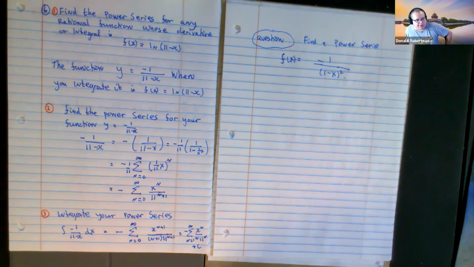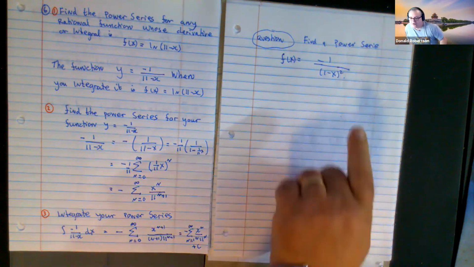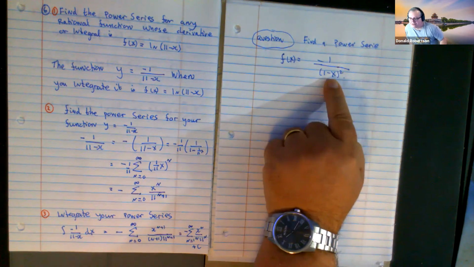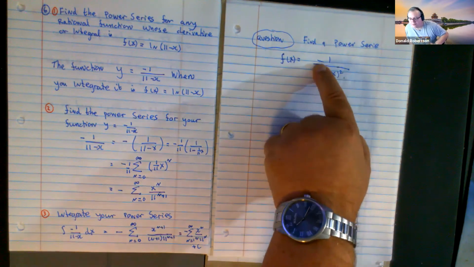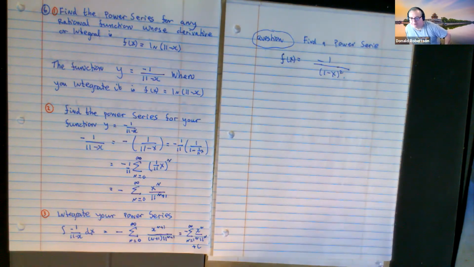You will not be able to use our 1 over 1 minus x or 1 over 1 plus x, because this is not 1 minus x. This is 1 minus x squared, and there's a negative 1 on top, which isn't such a big deal. But would you agree that we can't do substitution? This is not the method that we're going to do. It's trickier than that. That's what makes these a challenge.